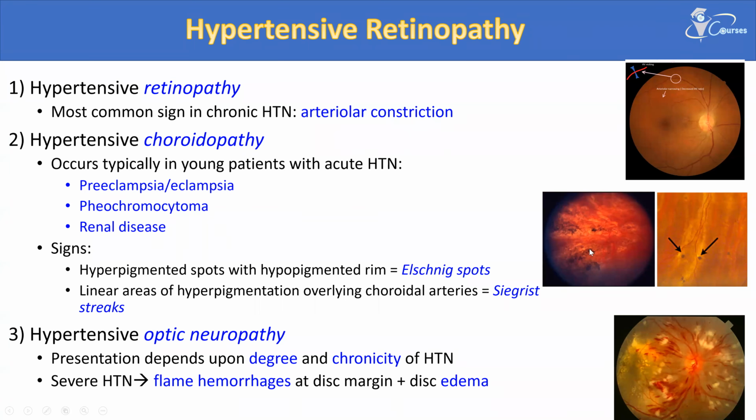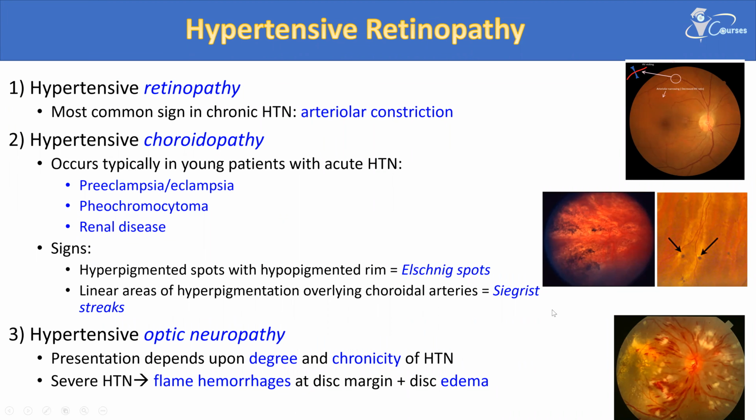You see this linear hyperpigmentation overlying the choroidal arteries. This is called Siegrist streaks. Both of them occur due to choroidal ischemia, which happens acutely, more commonly in patients with preeclampsia, eclampsia, pheochromocytoma, and renal disease.